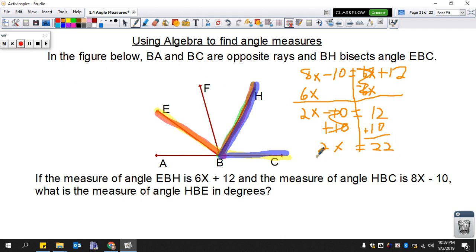Divide both sides by 2. Twos cancel out on the left. We're left with x is equal to 11.